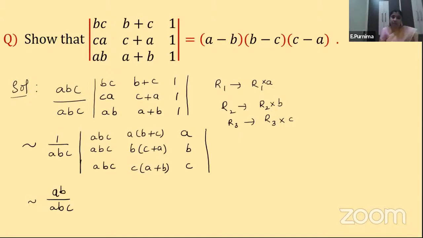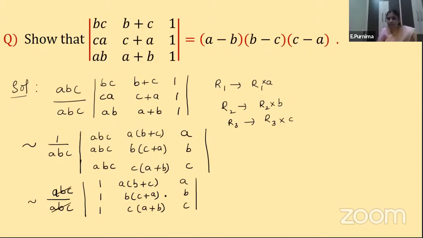The product A into B into C is common in all the elements of column 1, so from the entire column 1 I take ABC outside, and it becomes 1, 1, 1, then A into B plus C, and so on. Only column 1 is taken common, so the rest of the two columns remain the same. Then C into A plus B, and here A, B, C. Now the ABC cancels with 1 by ABC, and we are left with only the determinant.